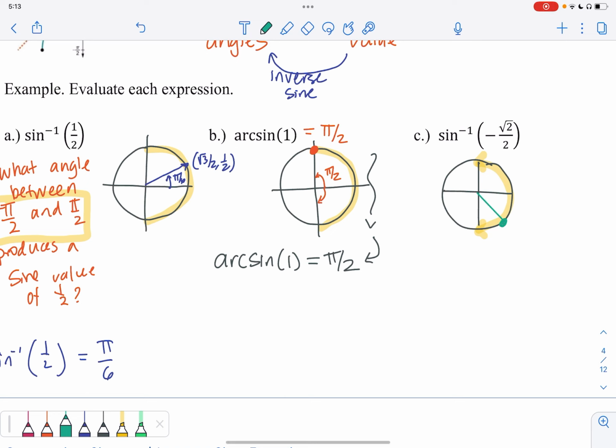It's down here in quadrant 4, because this point here is root 2 over 2 comma negative root 2 over 2. Well, what angle is that? Be careful, because this region over here is not allowed, so you're not allowed to go over there.